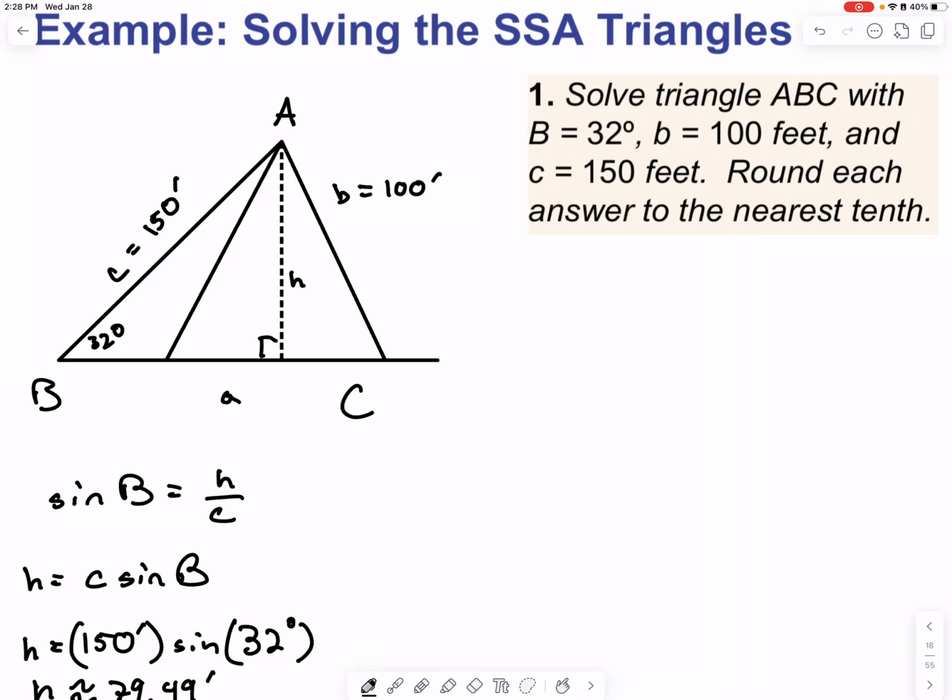We're going to have an angle C1. Let me duplicate this guy. So we have this angle C1 and this angle C2. So we have to work these two separate triangles.